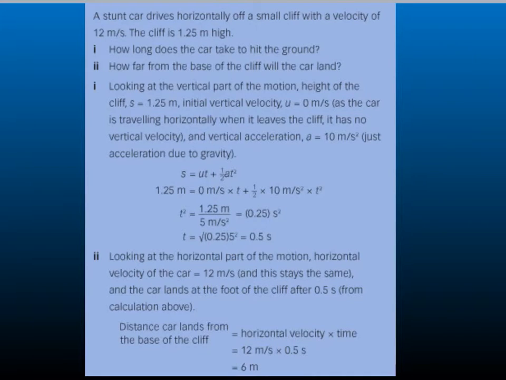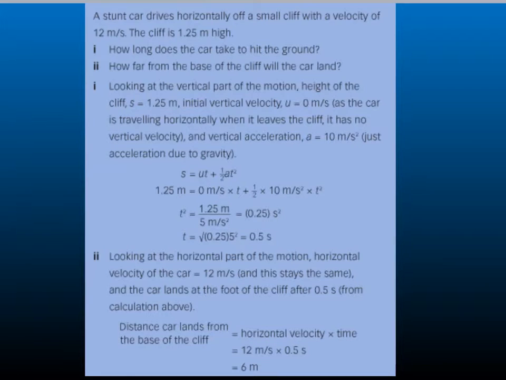Now for number 1, we can find this value through looking at the vertical part of the motion. We know that the height is 1.25 meters. The initial vertical velocity is 0 because the car is travelling horizontally when it leaves the cliff. And the vertical acceleration is 10.